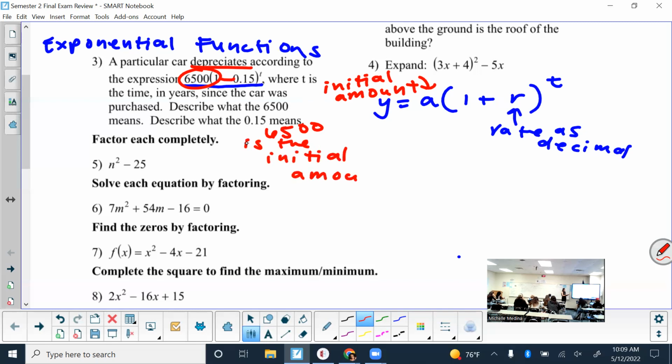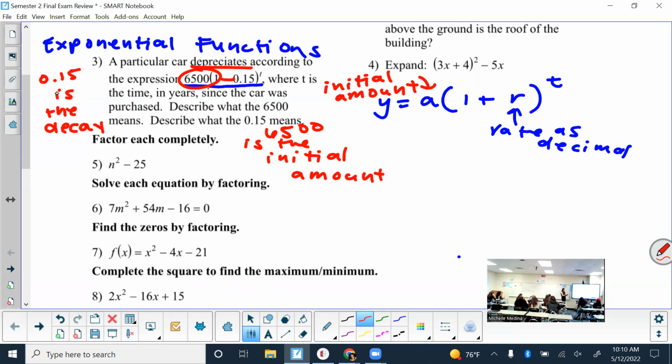All right, and then the 0.15 is the rate that it is depreciating. How much is it depreciating by? What would that be as a percentage? 15%. So the 0.15 is the decay rate.